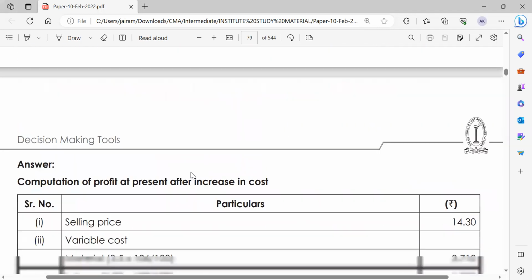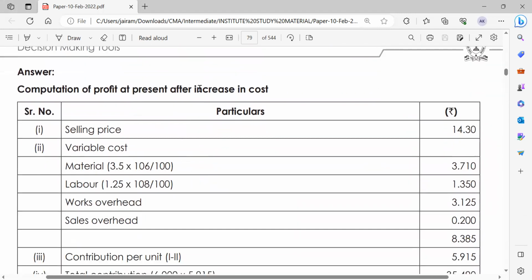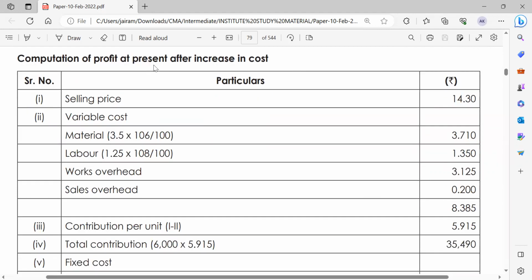Here they have directly prepared the increased one, but I suggest it is better to always prepare the basic marginal cost statement and then next to it prepare the increased one. Now selling price is 14.3, no change. Variable cost, material and labor, just increase the percentage, 106 and 108.